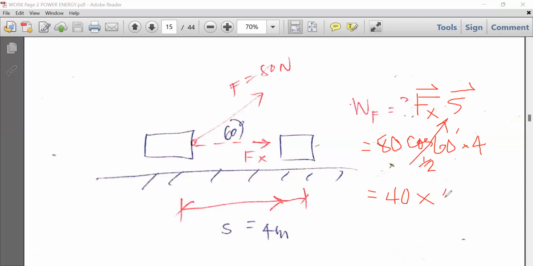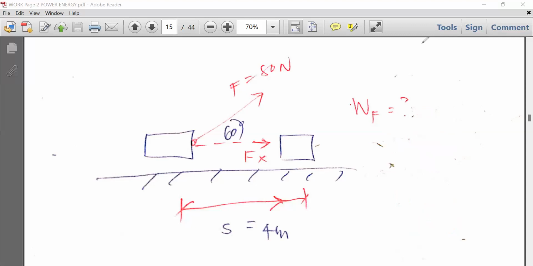So the answer is 160 Newton meter, or 160 joules. Okay, next example.